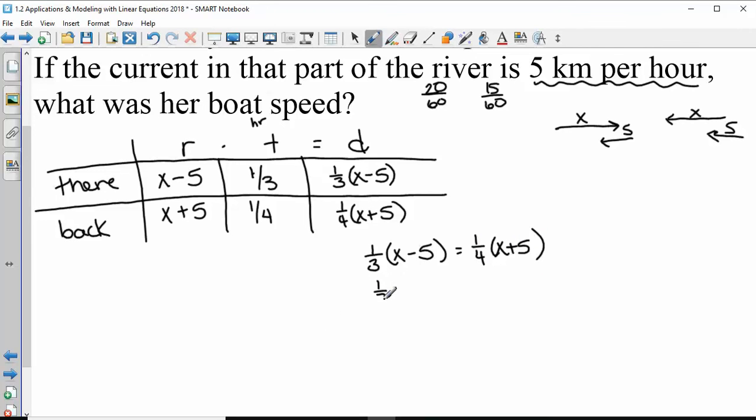So distribute 1/3 X minus 5/3 equals 1/4 X plus 5/4. If I subtract over my 1/4, that's 1/12 X. Add over my 5/3.